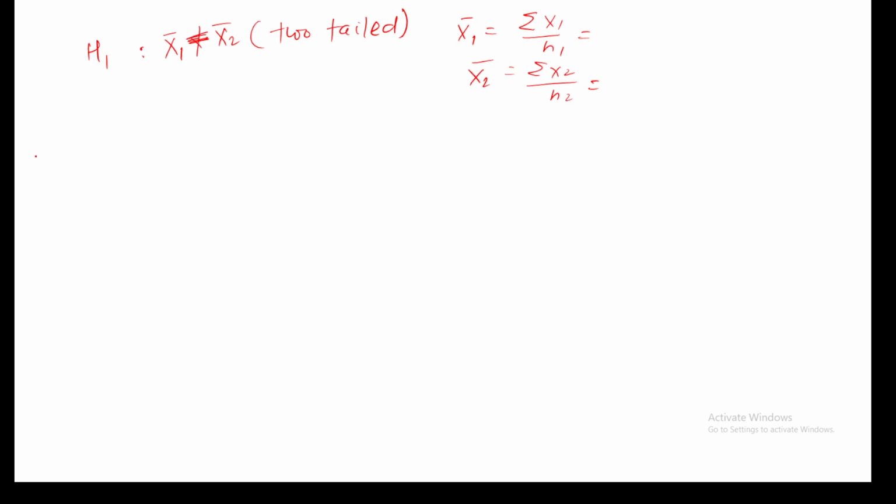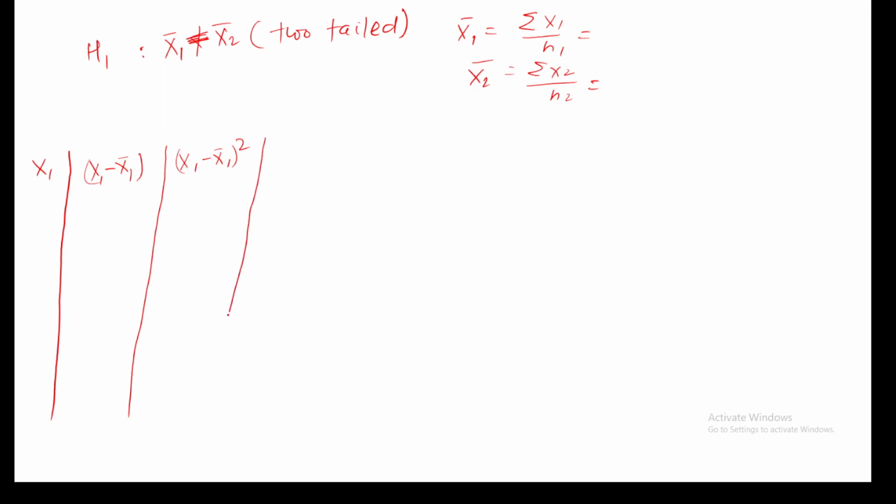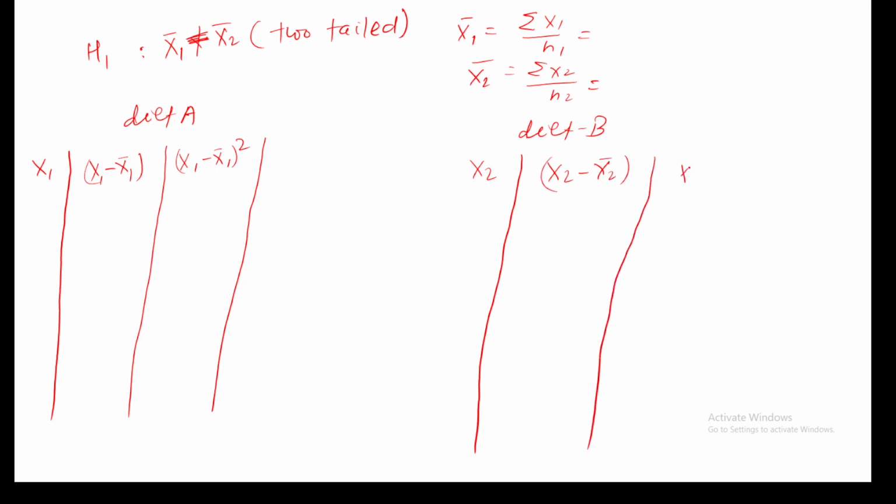Then after we can make two tables: x1 minus x1 bar, and x1 minus x1 bar whole square, this is for diet A. For diet B it will be x2, then x2 minus x2 bar, and x2 minus x2 bar whole square.